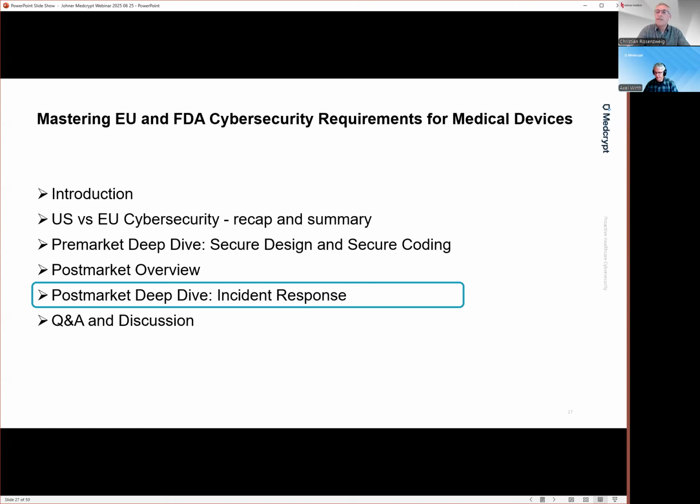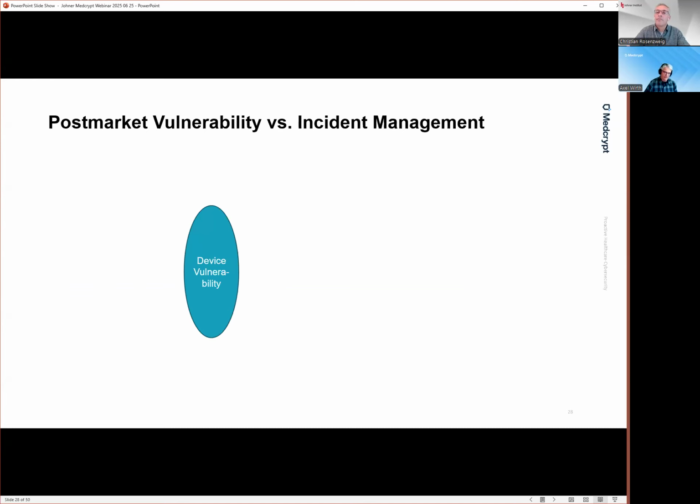Now, contrasting the concept of overall post-market management with a specific concept of incident response. I want to highlight what the difference is here in this somewhat simplified diagram, but I think it gets the key point across. Obviously, in a perfect world, we would have devices with no vulnerabilities, but in reality, every device has a vulnerability. And what we talked about earlier, my post-market surveillance, my monitoring of post-market signals may lead to the discovery and identification of previously unknown vulnerabilities.